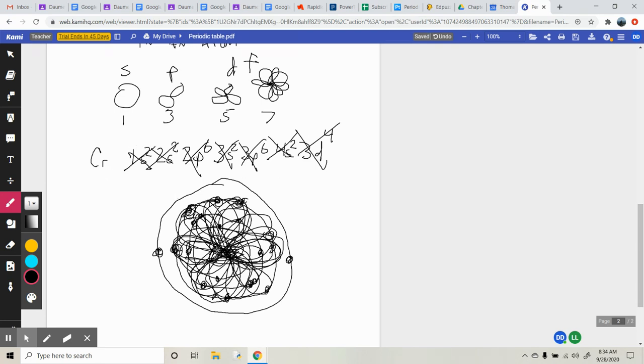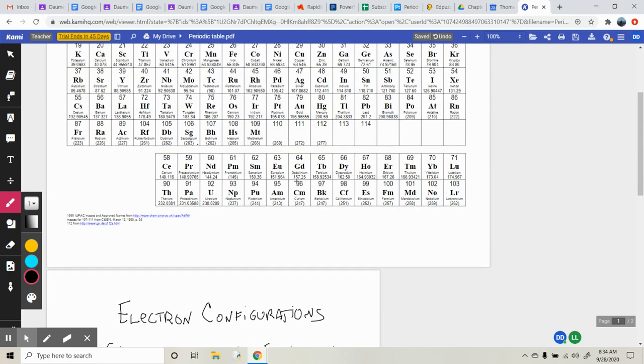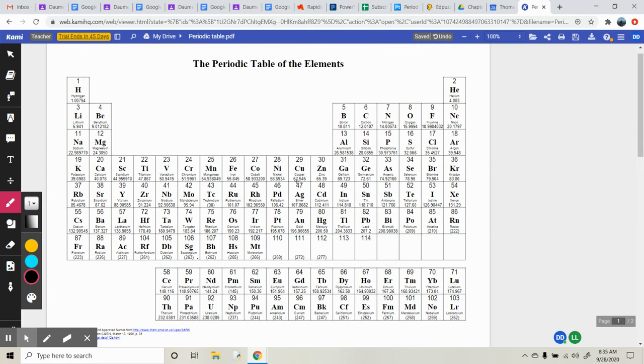Again, you're not going to have to do this, but I just want to show you what this electron configuration is showing us. So let's go ahead and figure out how to do these electron configurations. First things first, we got to lay out our periodic table a certain way. First thing we do is we take our helium and we move it over here.